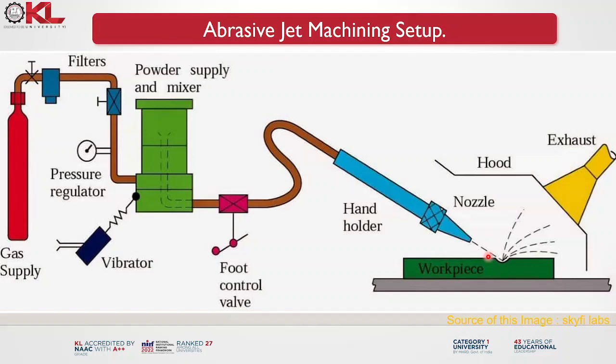In order to protect the surroundings of the workpiece, we are providing a shield with the help of a hood, and an exhaust is provided for the gases to escape. This is the brief description of abrasive jet machining. I have taken the explanation of this figure from Skype Labs.